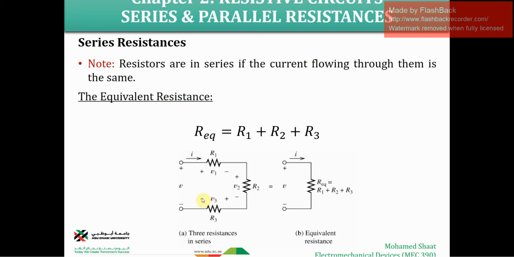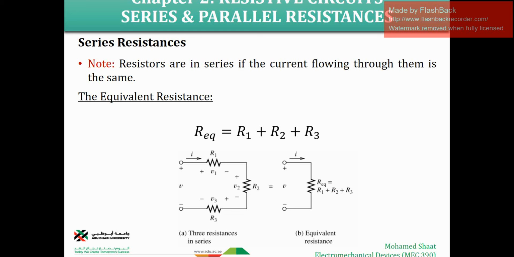To evaluate whether they are in series or parallel, the key idea is that they should have the same current, the current passing through each one of these should be the same. So if we distribute the current, we have a source V, and the total current I keeps flowing through the three resistances. So we can simply combine them into an equivalent resistance, R equivalent, which should be the sum of R1 plus R2 plus R3.